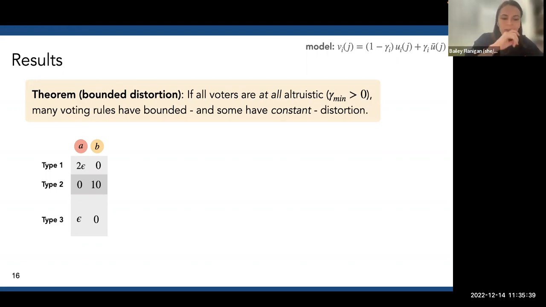But if people of type 3 become even slightly altruistic, then looking at our model in the corner, the second term of their value for alternative B, if the level of altruism is even a constant, is going to make their whole value for B a constant, right? Because B's average utility is also a constant.